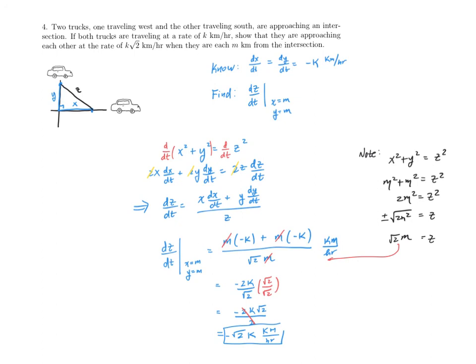That is that the two vehicles are approaching each other at a rate of root 2 times k kilometers per hour. And we have the negative sign in here because the distance between the two cars is getting smaller, indicating a decreasing quantity and hence a negative rate of change. So I'll just put a check mark. Yes, we've shown exactly what we set out to show.